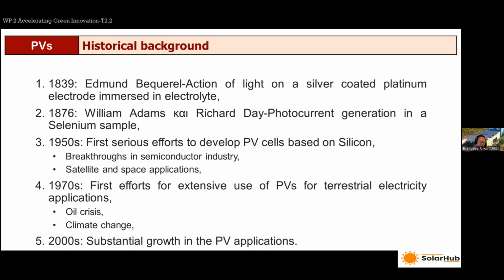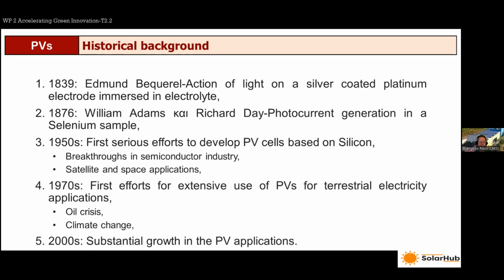The first effort ever to systematically address electricity generation by means of light was conducted in 1839 by Edmund Becquerel, when he noticed that there was some action of the light on a silver-coated plate immersed in an electrolyte. It took some decades to repeat something similar, but in a solid state approach.